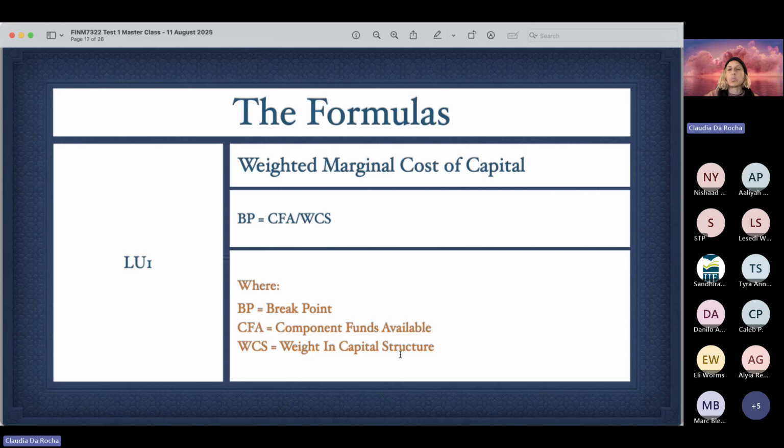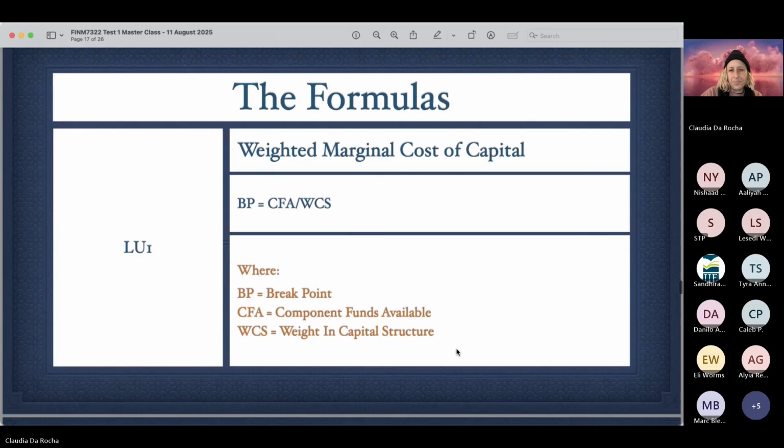So in the question as well, you know which type of capital needs to follow a breakpoint calculation when they say the funds are limited. So either they're going to say funds are limited, or they're going to say that there's only a specific amount for this type of funding. So it's very important to be able to identify that.